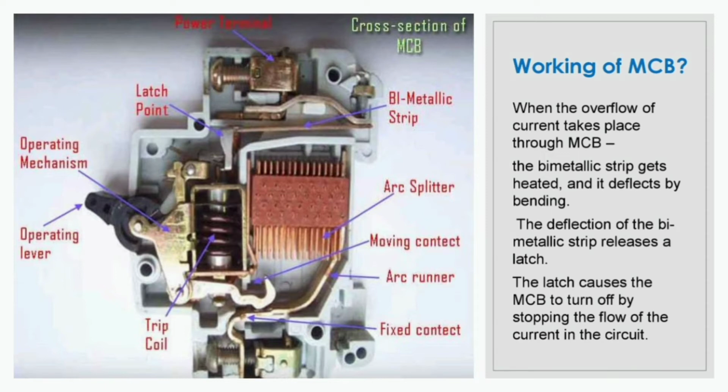We have mentioned all these parts on the right side. Mainly we have the tripping coil, operating lever, operating mechanism, as well as the latch point on the left side of the view.